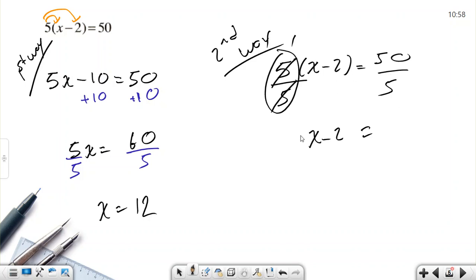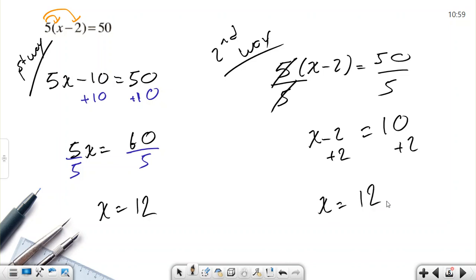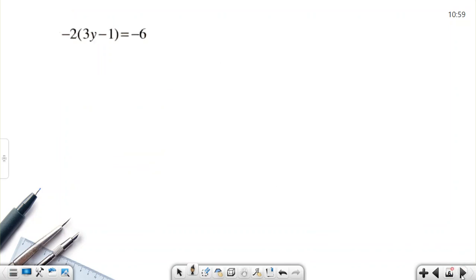So I don't need to write these parentheses. 50 divided by 5 is 10. So x minus 2 equals 10, I need to add 2 to both sides. x equals 12 again. It doesn't affect the result. As you see, whichever way you use, you will get the correct answer when you complete the steps correctly.